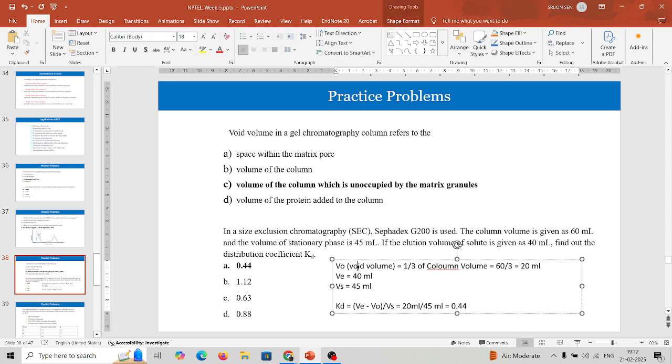Anyways, you can check back this calculation. I guess it's 0.44 if I'm not wrong. Okay, but A is the correct option. Next one.